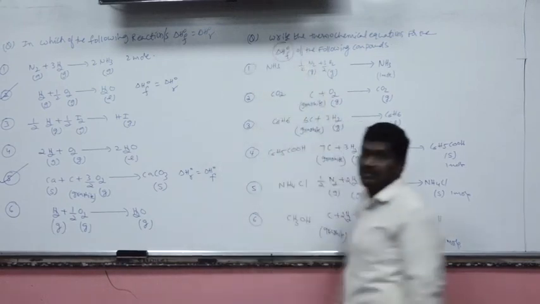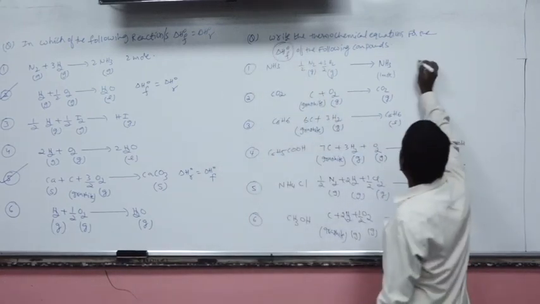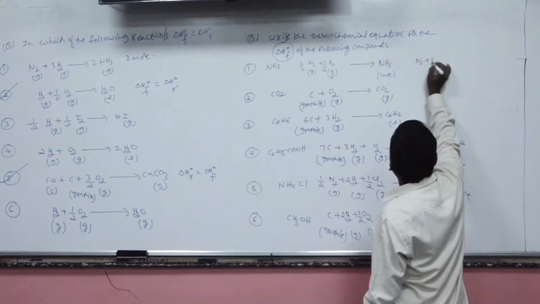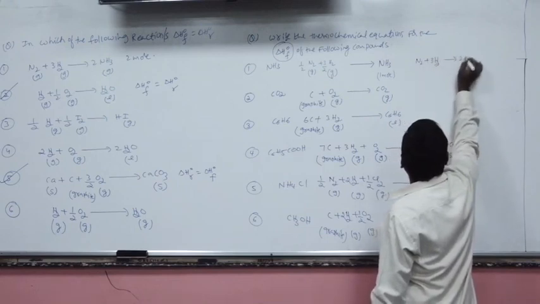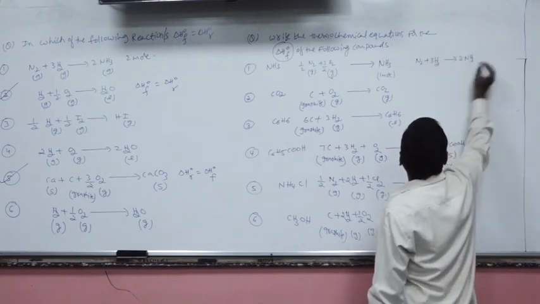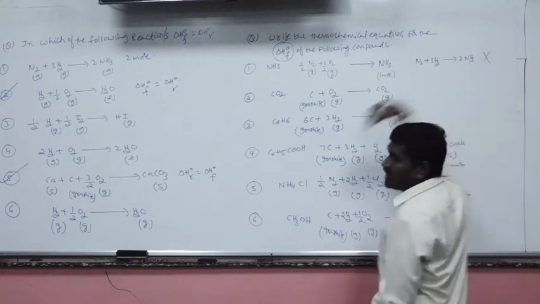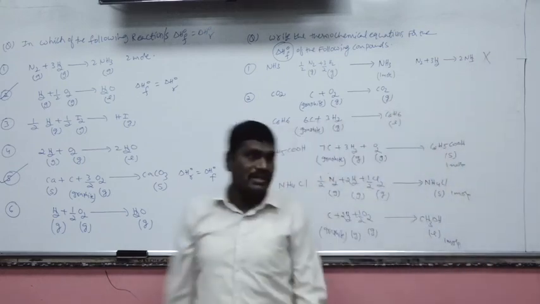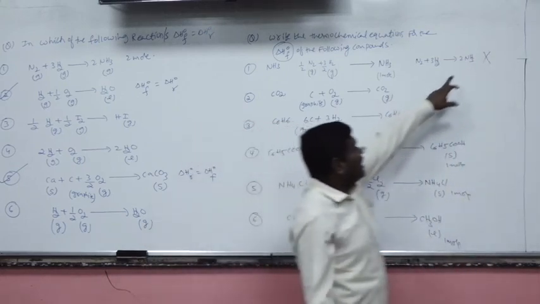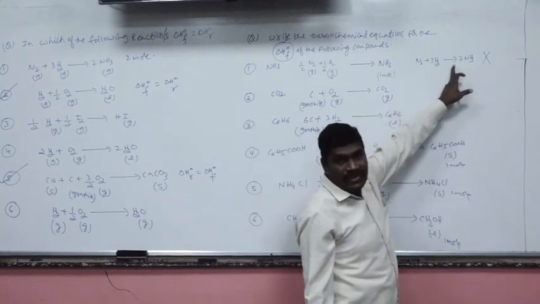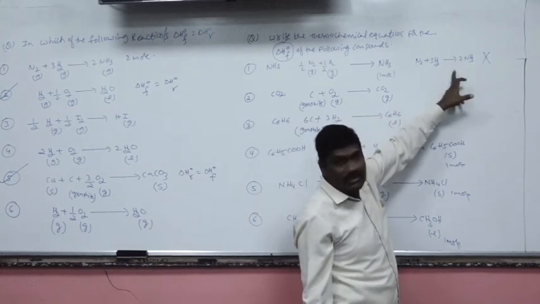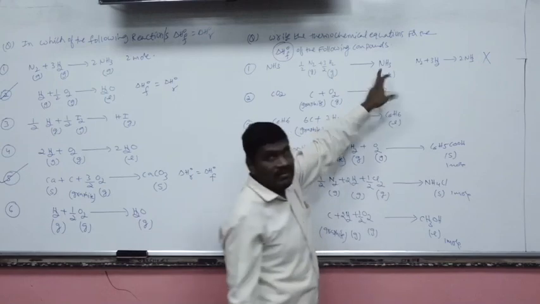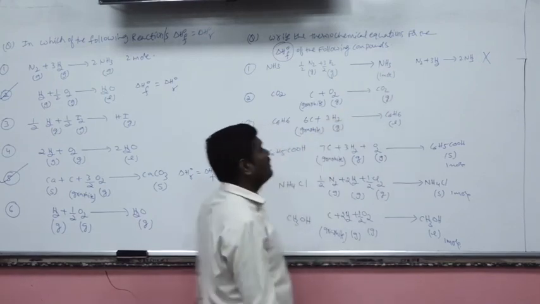Standard enthalpy of formation. Suppose if I write N2 plus 3H2 giving 2NH3, this is not corresponding to standard enthalpy of formation, because on the right hand side how many moles of ammonia are present? 2 moles, but according to the statement 1 mole should be present.